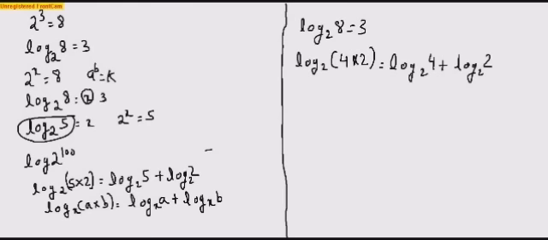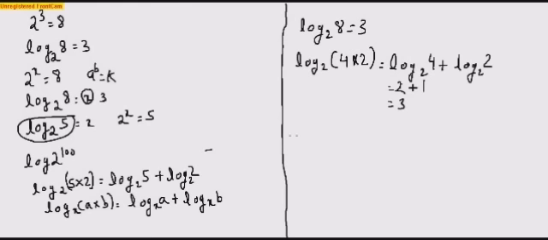Now 2 raised to the power 2 is 4, so log base 2 of 4 becomes 2, and 2 raised to the power 1 is 2, so log base 2 of 2 becomes 1. So 2 plus 1 equal to 3, which was true for the original idea as well. So that's how I have shown you the demonstration of the formula log base x of a into b equal to log base x of a plus log base x of b.